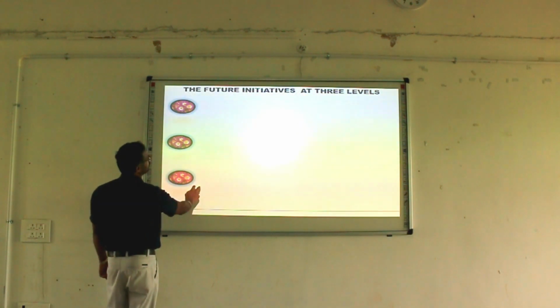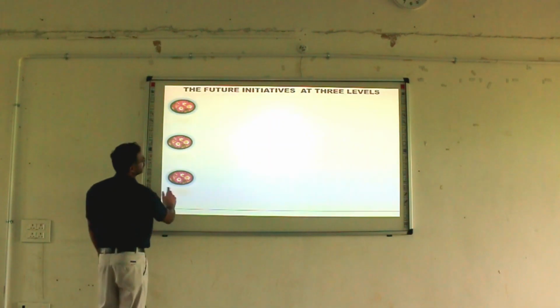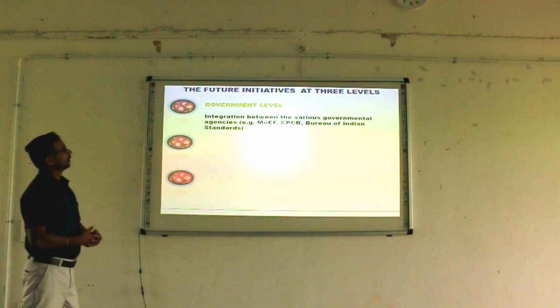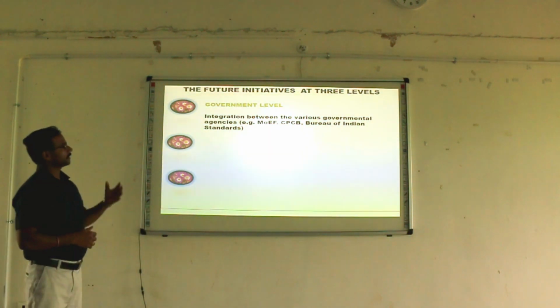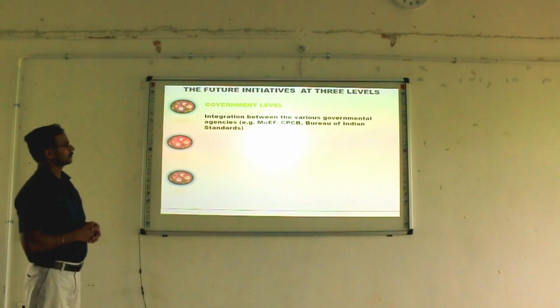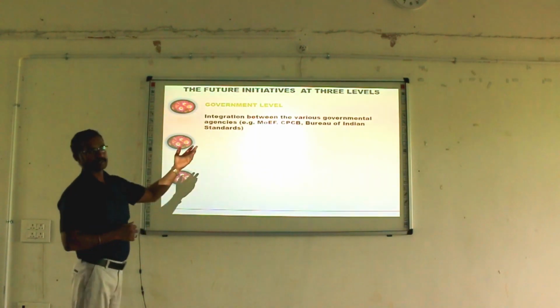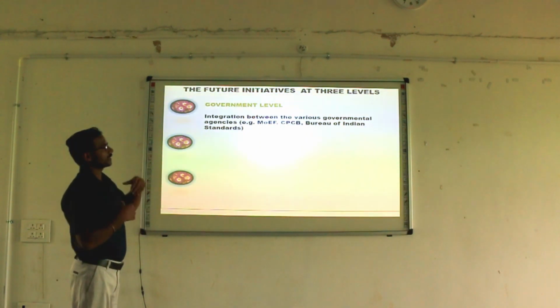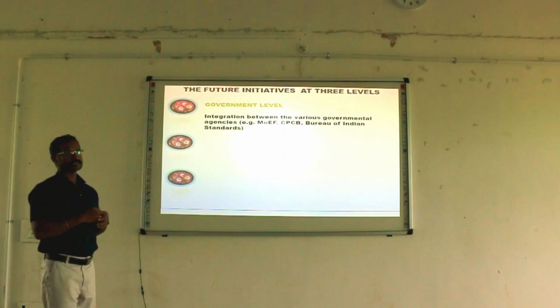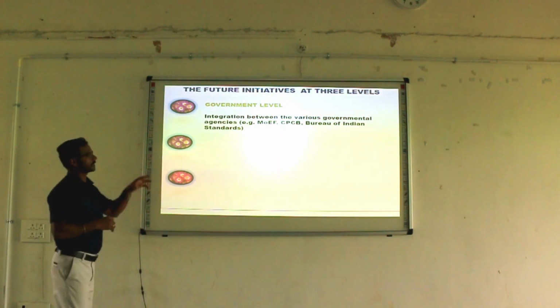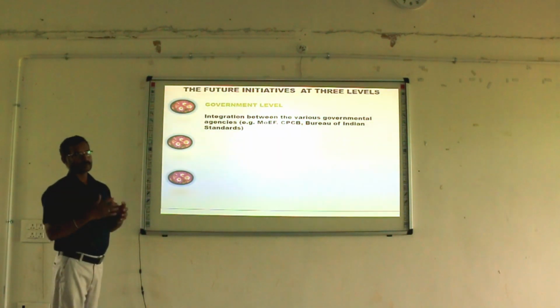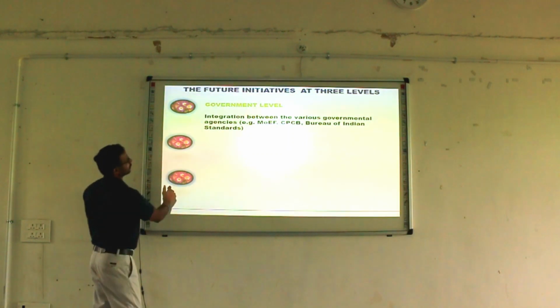Finally, future initiatives can apply at three levels. First is the government level: integration between the various government agencies, Bureau of Indian Standards, CPCB, and other organizations, to promote awareness of indoor plants along with other indoor air quality awareness programs.